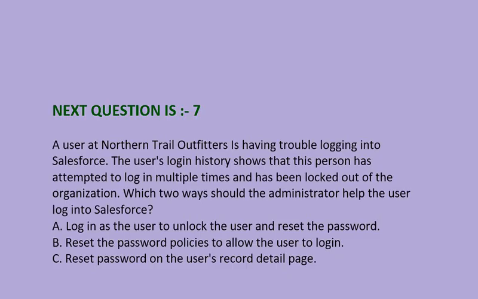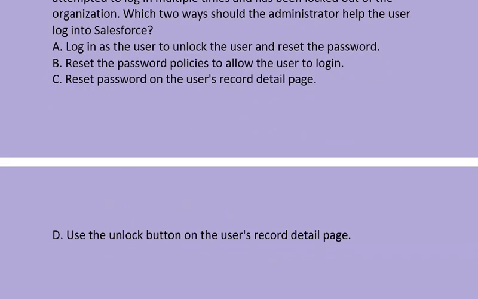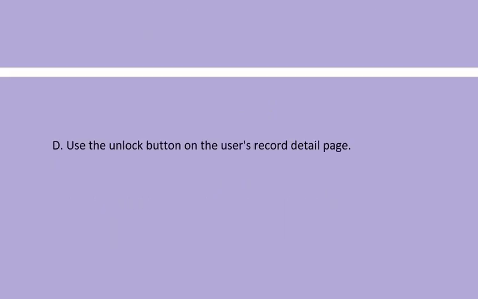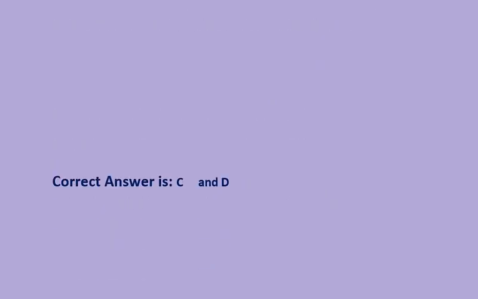Option A. Log in as the user to unlock the user and reset the password. Option B. Reset the password policies to allow the user to log in. Option C. Reset the password on the user's record detail page. Option D. Use the unlock button on the user's record detail page. Correct answer is option C and option D.